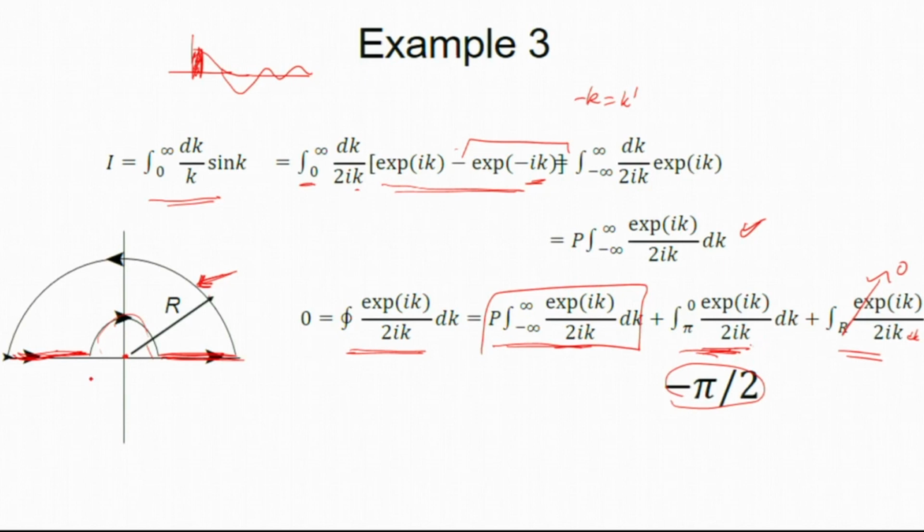Because I am going clockwise. At k equal to 0, the exponential e to the power ik is 1, and it is straightforward, minus pi by 2. So, that gives me the answer: this principal value is pi by 2, because this plus this plus this equals 0.